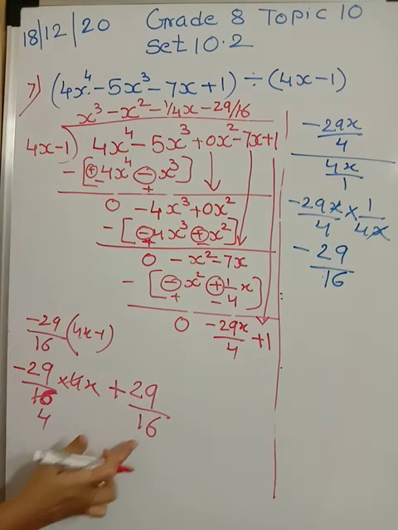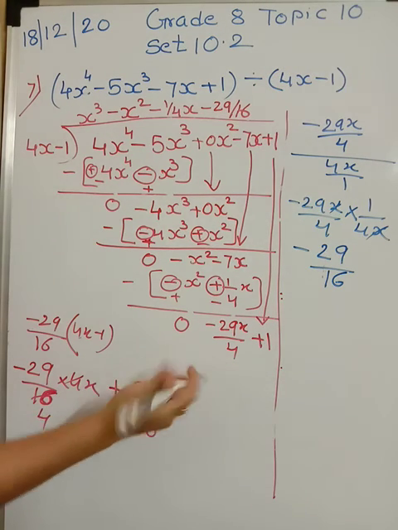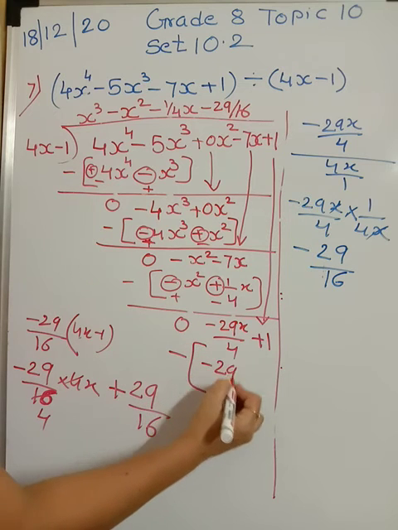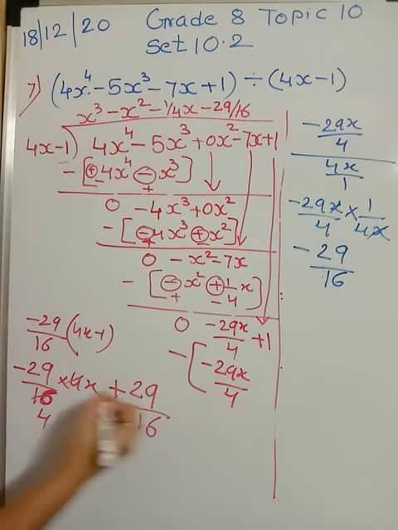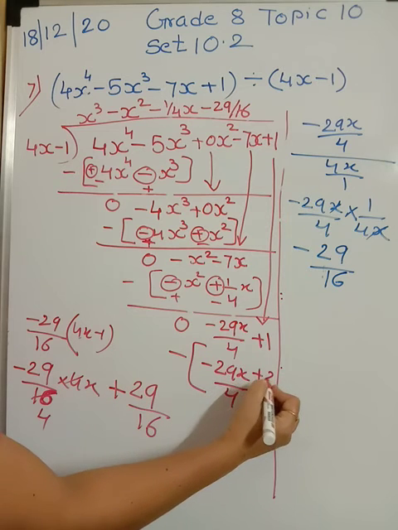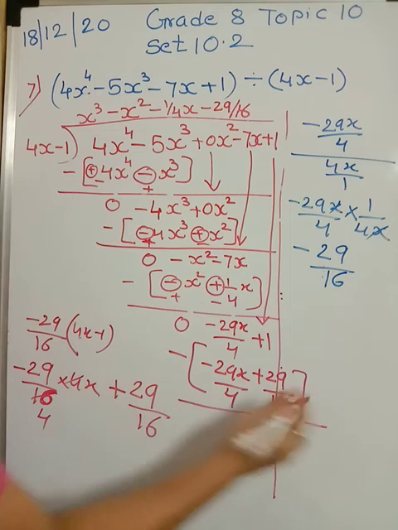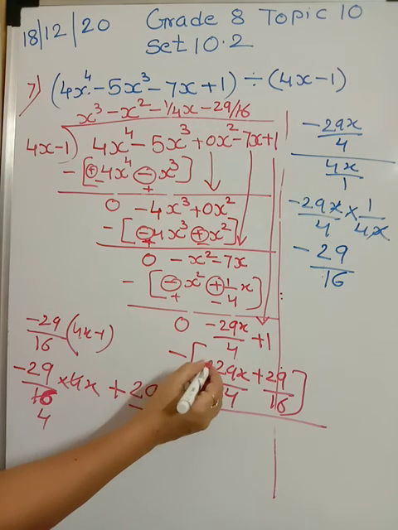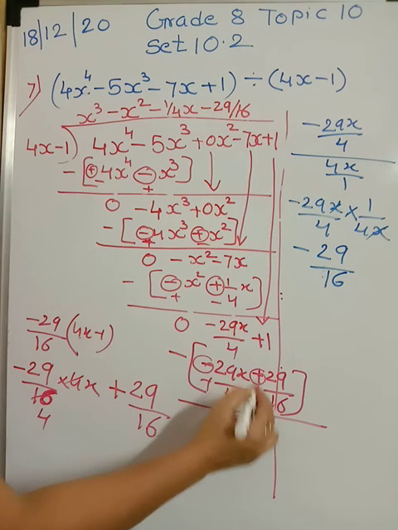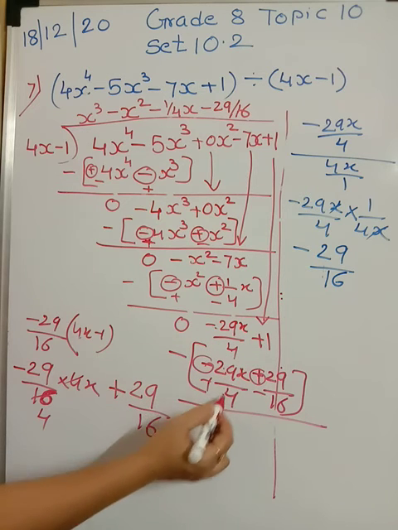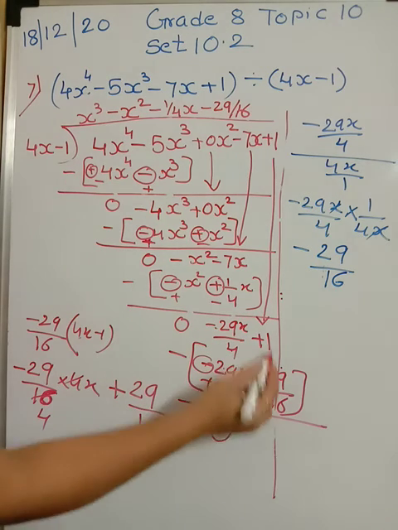So this is what we are going to subtract. So we are going to subtract minus 29x upon 4, and here it will be plus 29 upon 16. Okay. Are you understanding? Now this sign will be changed. So minus 29x upon 4 and plus 29x upon 4. This will be 0.